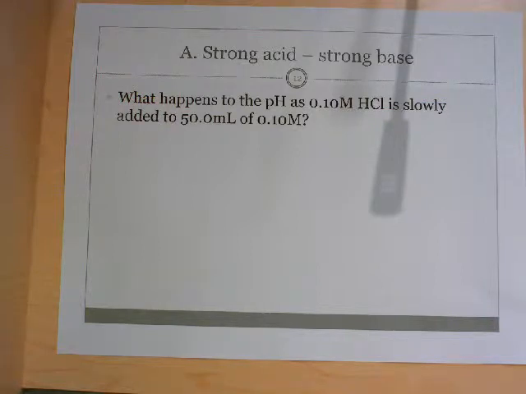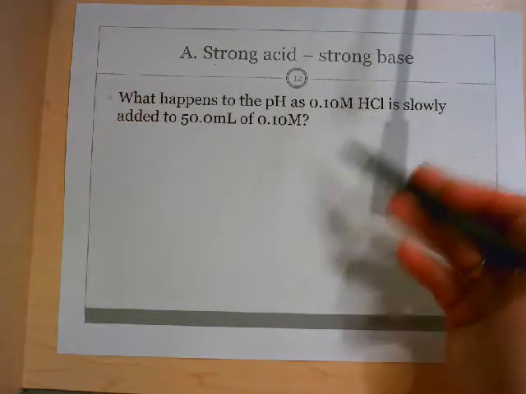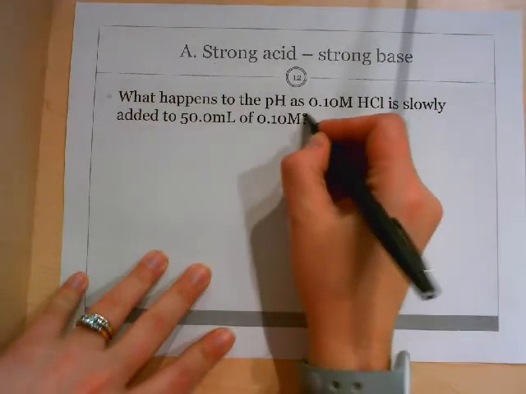Slowly added, right? So if you see the word added, what do you need to do? If it's an ICE chart, what do you first need to do? Moles. So the word added should tell you the kind of chart, which then tells you moles. What else do you have to recognize about this problem? I have a strong acid. Oh, question mark.